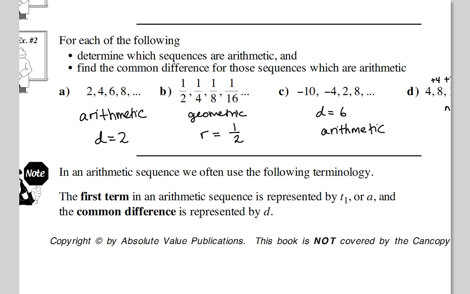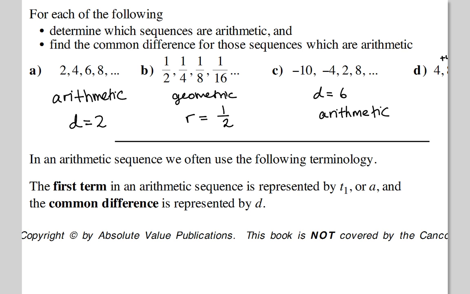Okay, in an arithmetic sequence, the first term is T1, but sometimes they just call it A. I have no idea why they introduce A. I would just use T1, term 1, it makes sense, but I guess A, first letter of the alphabet. You just need to know it. There's 2 versions. If you take a look at your formula sheet, they have all these formulas at the top for arithmetic and geometric.